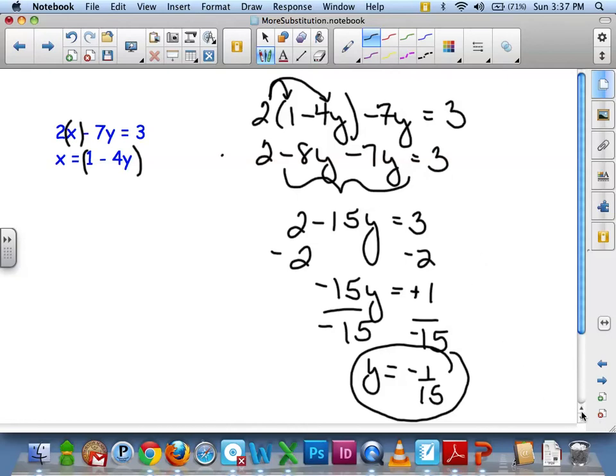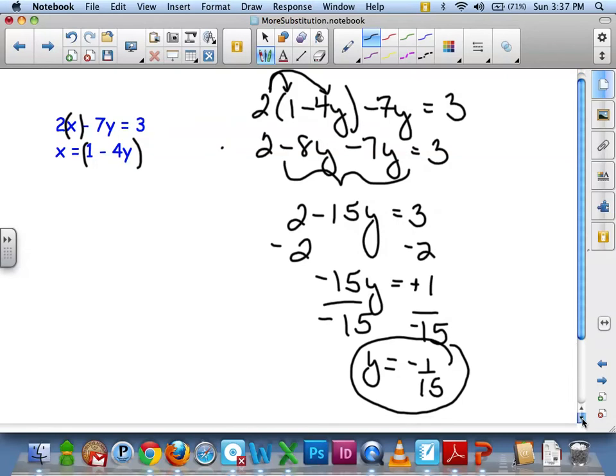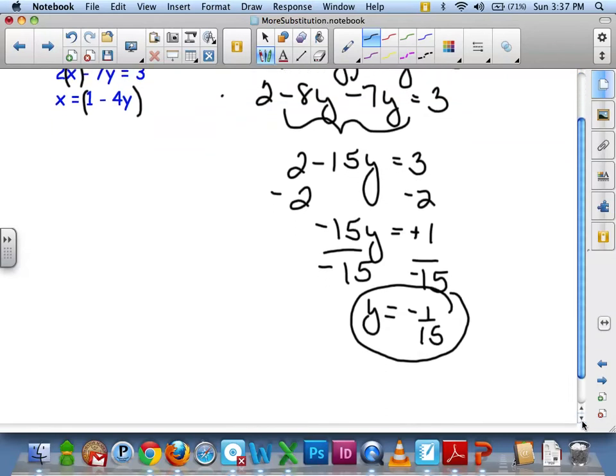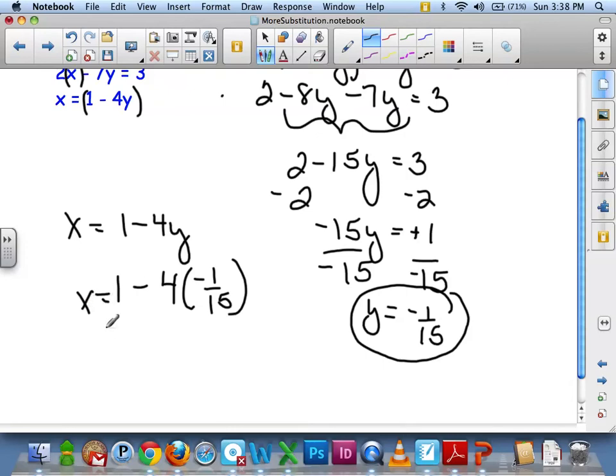Okay. So then what we're going to do next is we're going to go back in and solve for x. So we've got x equals 1 minus 4y. I'm going to take my y that we just found. We're going to go 1 minus 4 times negative 1/15. We then have to multiply these two numbers.